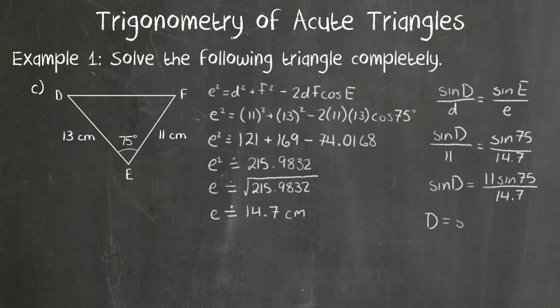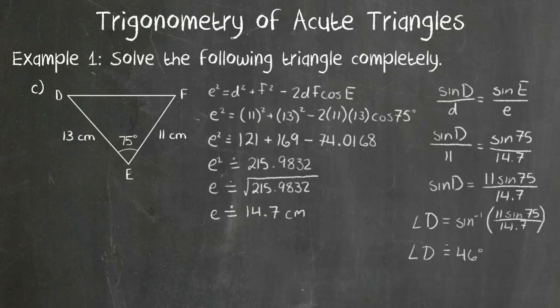equals sine D. And my last step to get angle D is we do the inverse sine of 11 times sine 75 divided by 14.7. I do all of this in my calculator, and I get a value for angle D, don't forget your angle markers, of approximately 46 degrees.